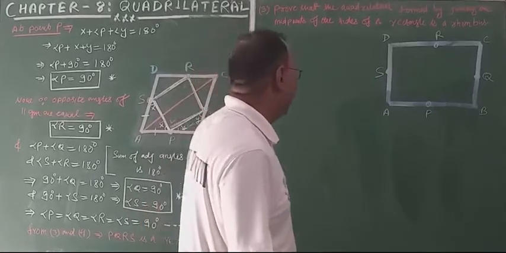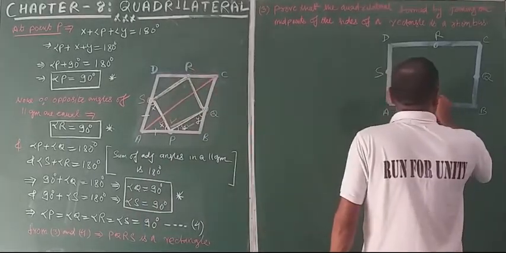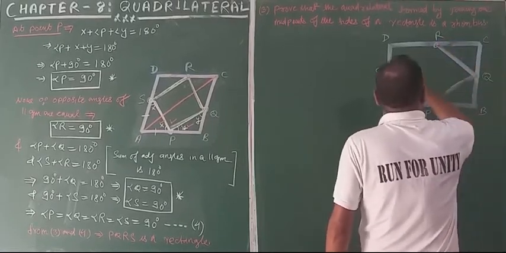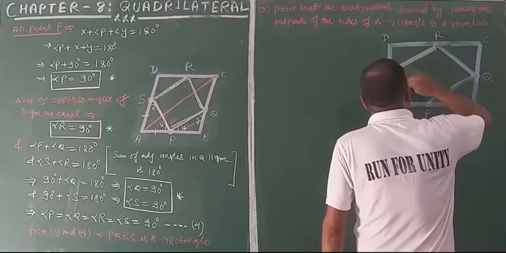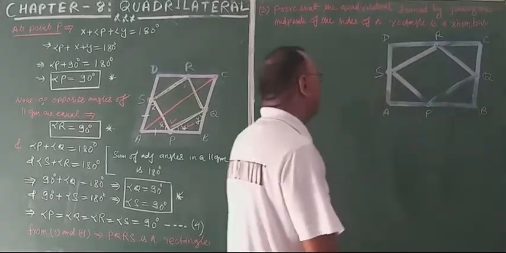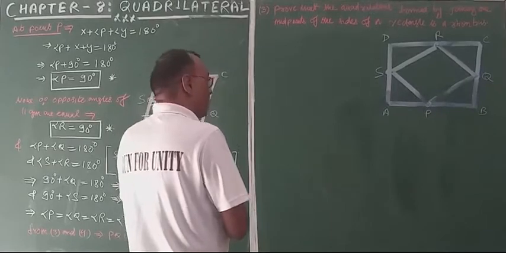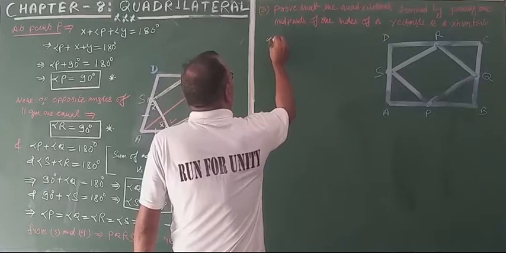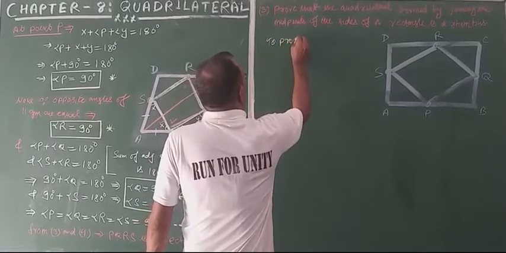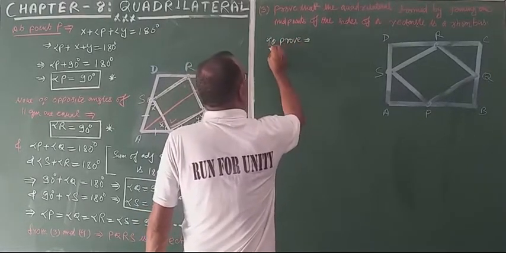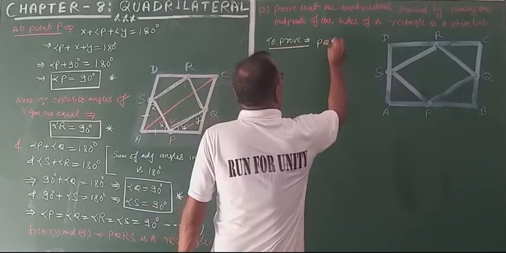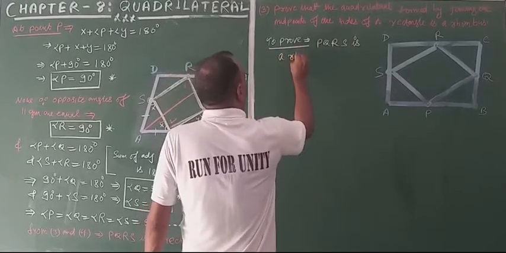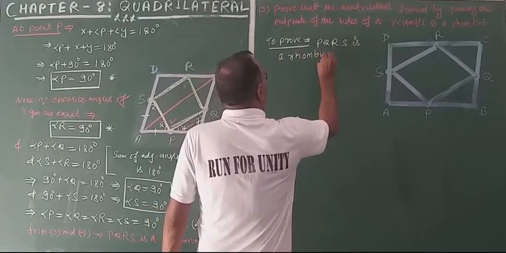You have to prove that this quadrilateral PQRS is a rhombus.